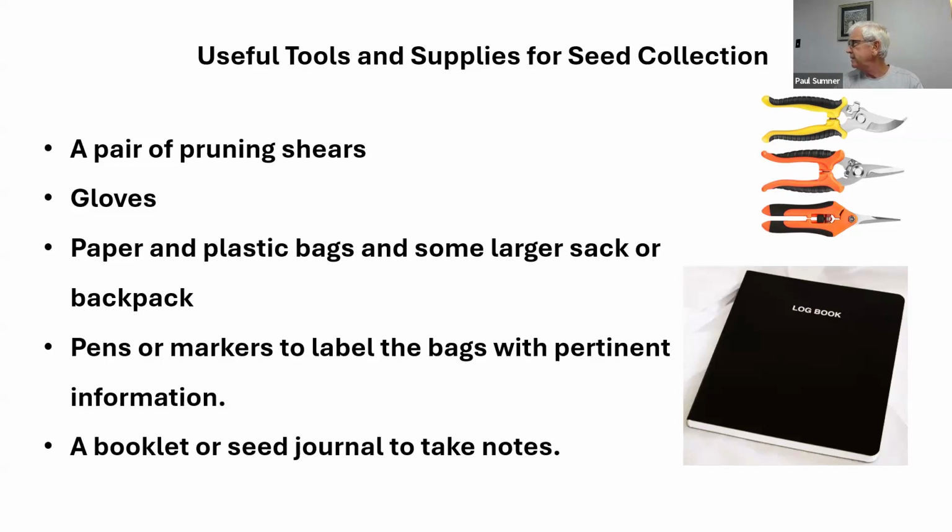Paper and plastic bags to collect seed in, and also a larger bag, sack, or backpack to put those bags in. And then pens and markers to label the bags with pertinent information, and a booklet or seed journal that you can take notes in, so that you have something to go back and reference.